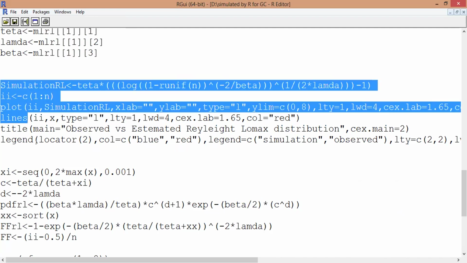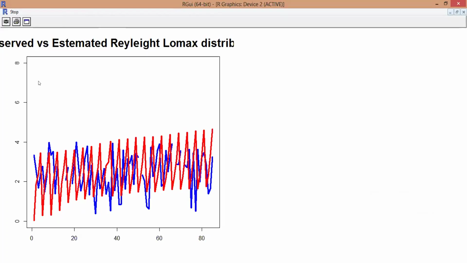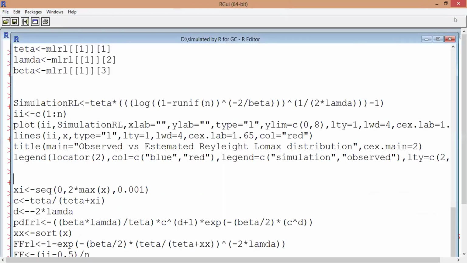So we run our program and we can check here. The blue one is the simulation and the red one is the observed data. It means most of the data can be simulated by the quantile function, so we succeeded in making the simulation data.